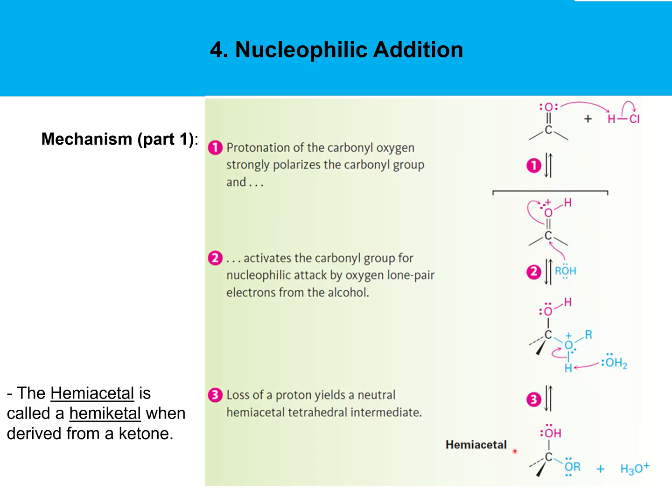Think of a hemiacetal as essentially half of an acetal. It is the halfway point between going from a ketone to an acetal. Sometimes we use the term hemiketal when we're referring to a ketone intermediate. But again, these two terms, hemiacetal and hemiketal, are used interchangeably, and I'm going to probably do that as well several times.